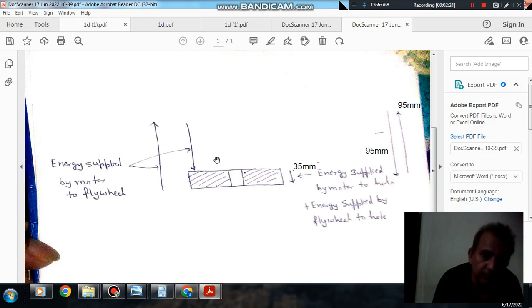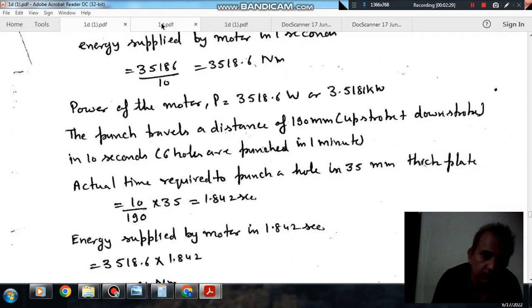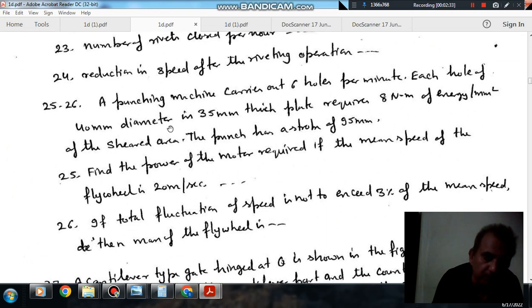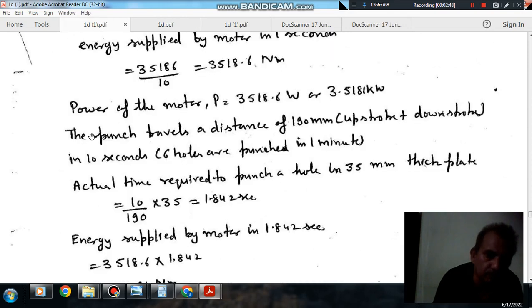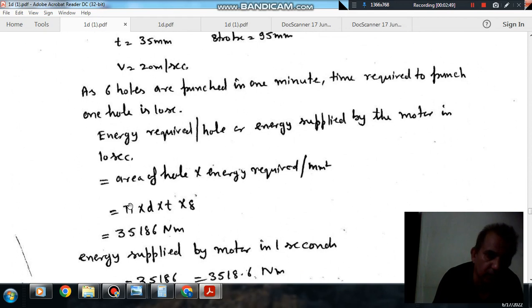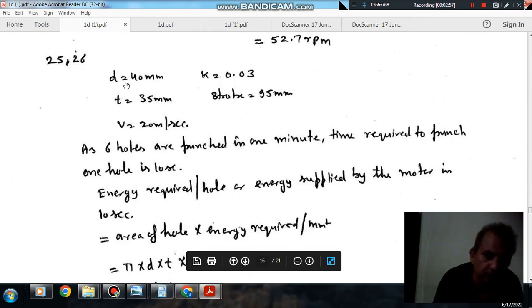Now, first of all we find the energy required. The diameter of the hole is given as 40, the thickness of the plate is 35, and the energy required is 8 Newton meter per unit area. The area is pi d t, multiplied by 8.